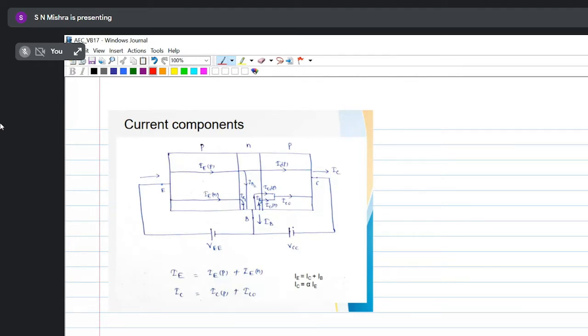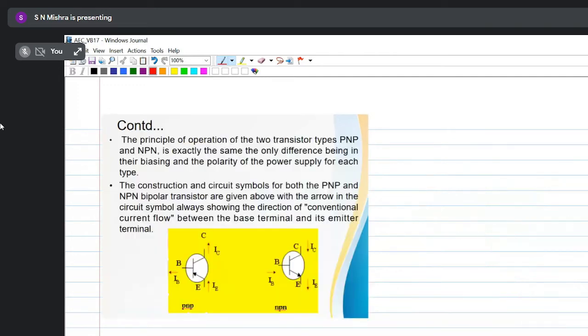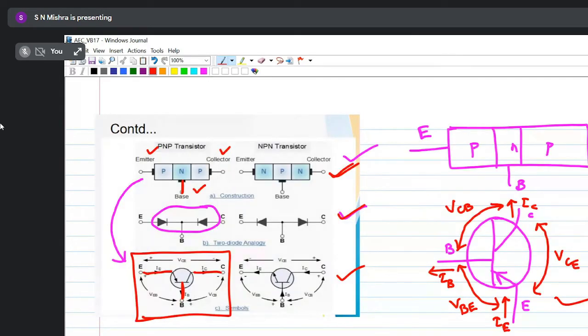Now, first of all, if I take a PNP transistor: emitter, base, collector. The emitter terminal is arrow marked. So here, just now what I have given you, look at here, emitter current is incoming, yes or no?